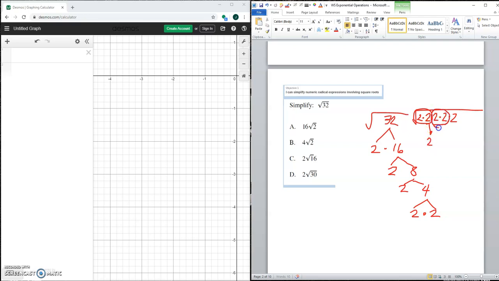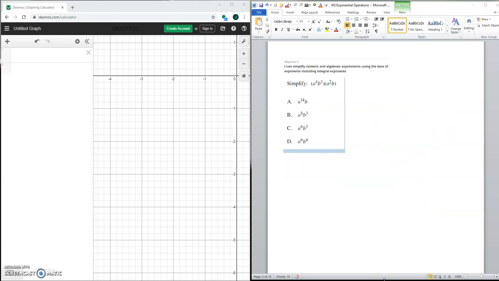This will now turn to one piece of 2. We're getting the roots, and so because of that, those pairs will go out of the radical sign. The last 2 has no pair, so it will stay inside, and this other 2 will be multiplied, meaning to say your final answer is letter B, which is 4 square root of 2.